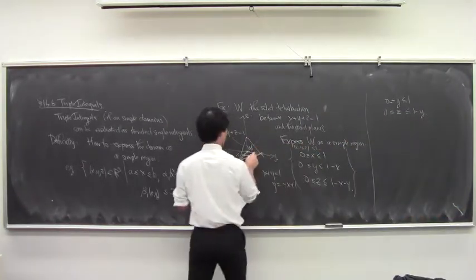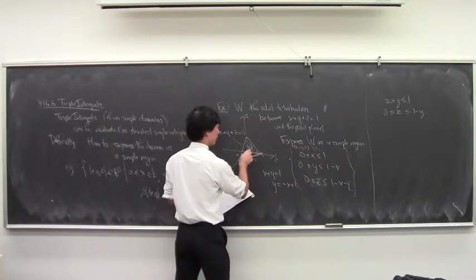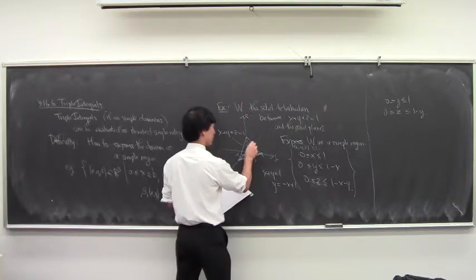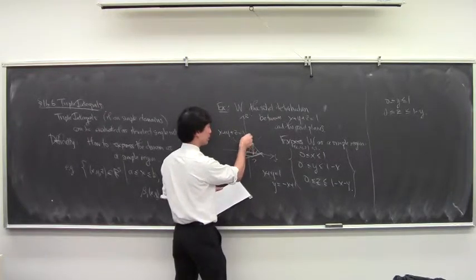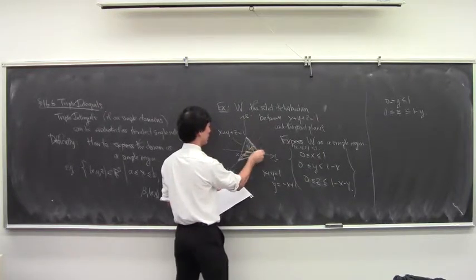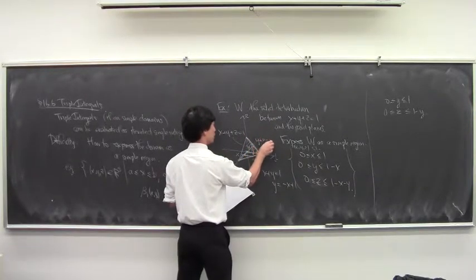Because we're describing this thing here, right? If we fix the y, the z's range from 0 up to something that depends on y. This line here is x is 0, so we get y plus z equals 1.